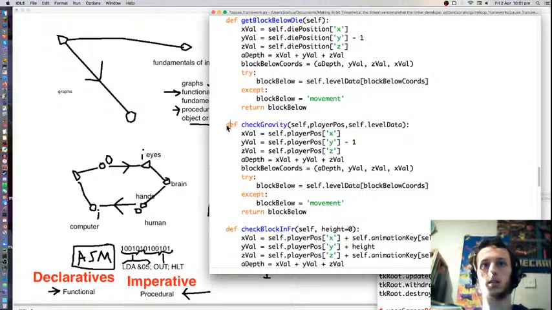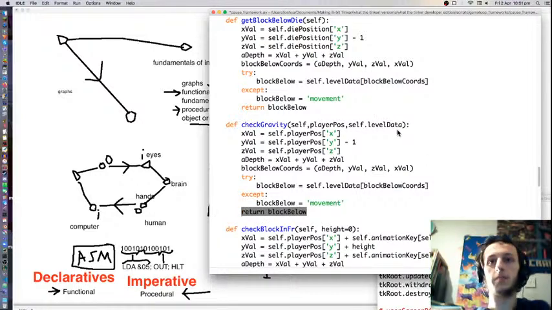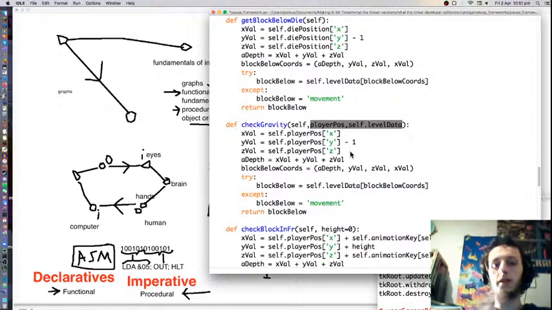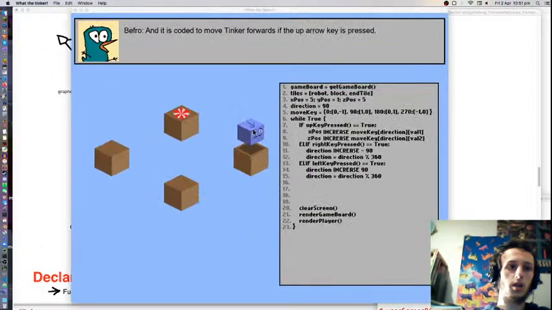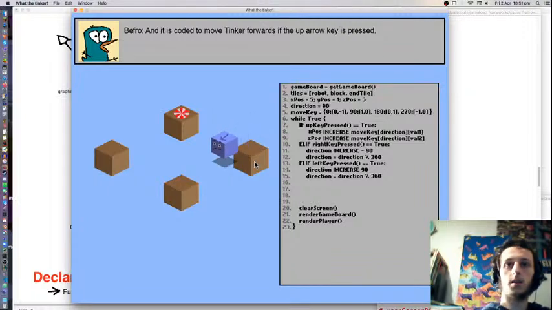So we're defining a functional entity called check gravity, and we're setting up what things we need to input to check gravity, and then this is our output where it's giving us some information. Our inputs here are player position, in other words, where is the player on the game board. If the player's over here, that would return a tuple 0, 0, 0.